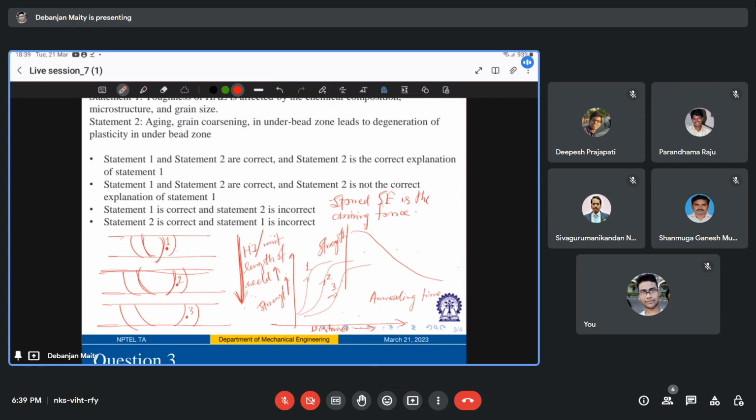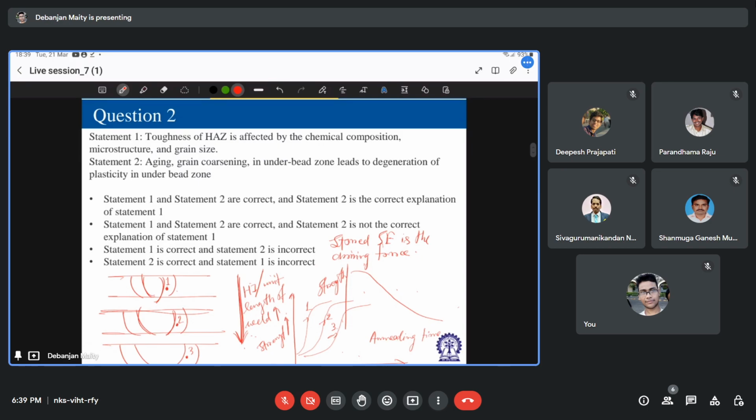Any question? So coming to the question, can we figure out which one will be the correct answer? It says that toughness of the heat affected zone is affected by chemical composition, microstructure, and grain size. This is true, of course.